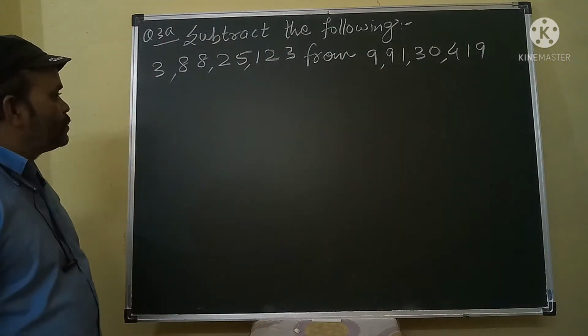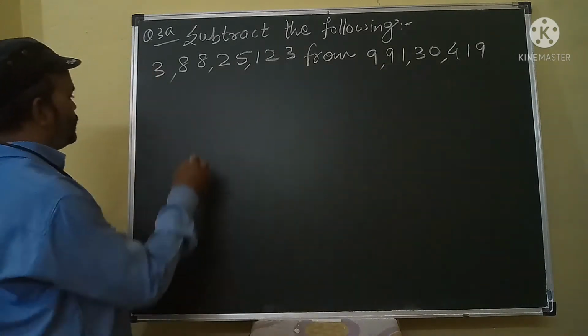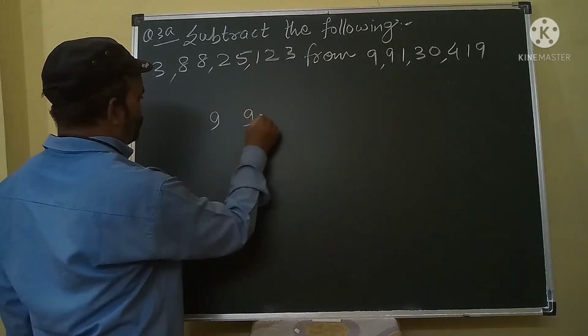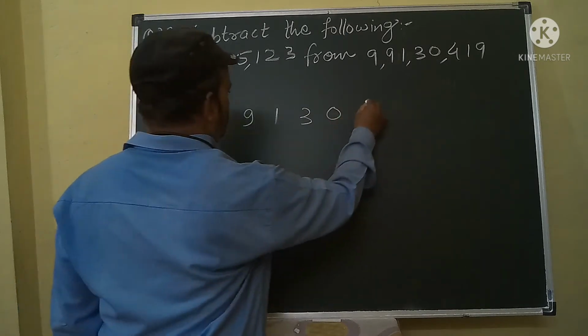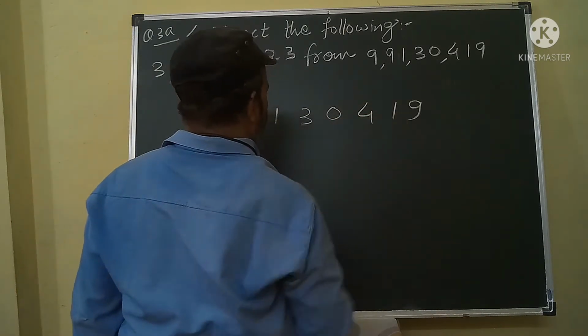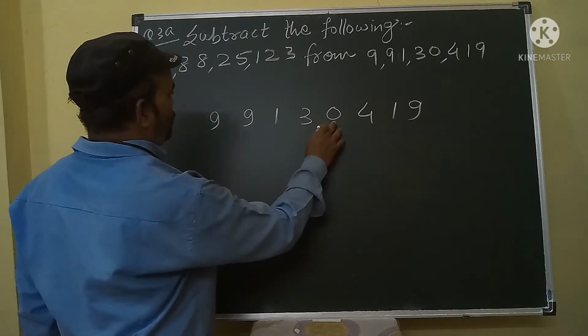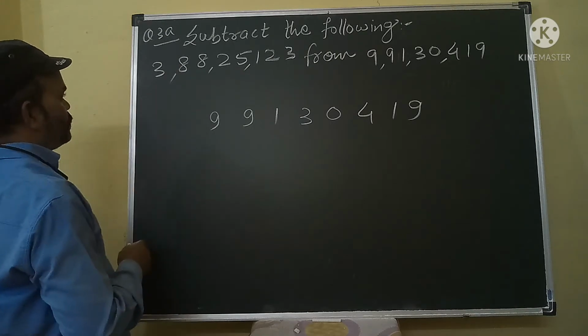Okay. So first we will write the biggest number, that is 9 crores 91 lakh 30,419.